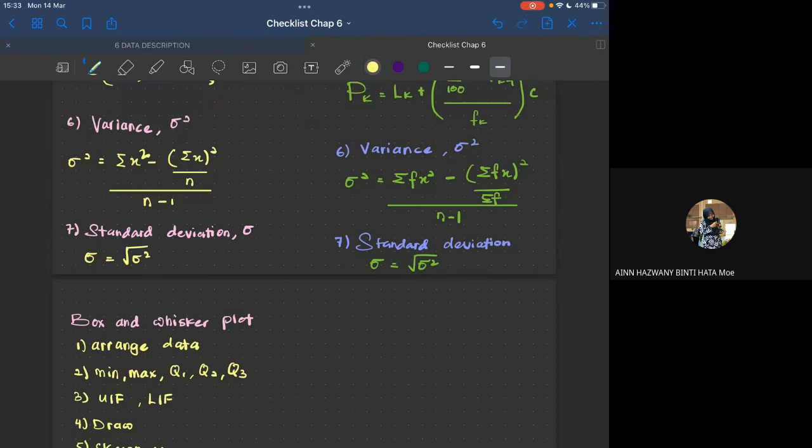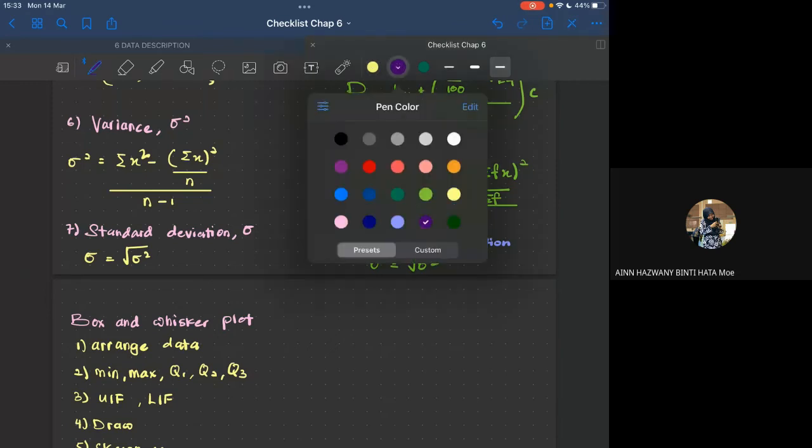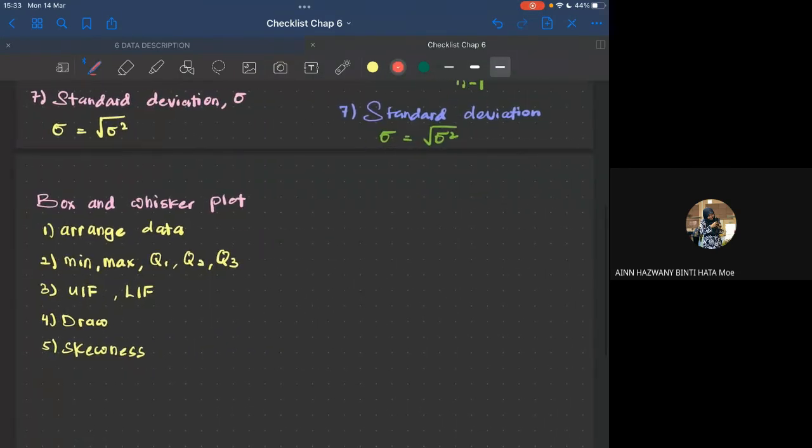And one more thing that you have to know for standard deviation dengan variance ni ialah measures of dispersion. Okay, so basically sebenarnya measure of dispersion ni dia ada 3 part.